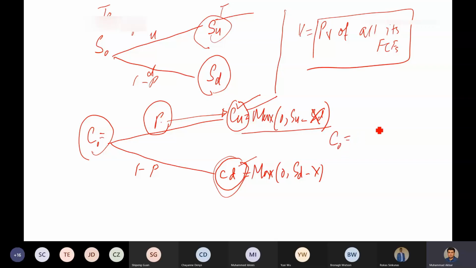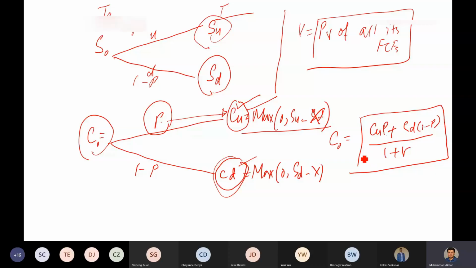It will be equal to what you will get if the stock price goes up plus what you will get if the stock price goes down, multiplied by the probability that the stock price will go up, that is P, and the probability that the stock price would go down. Then, because you have to discount it, at what rate will you be discounting it? The risk-free rate. Remember, we will be discounting all cash flows using the risk-free rate.